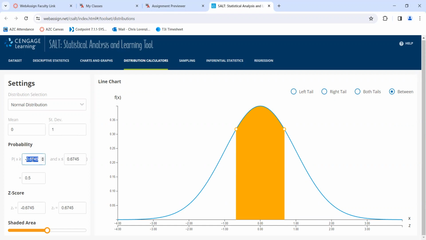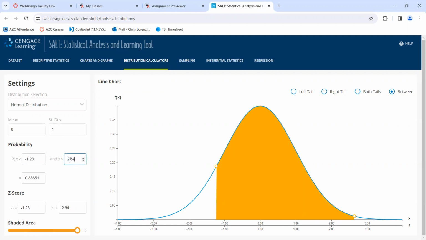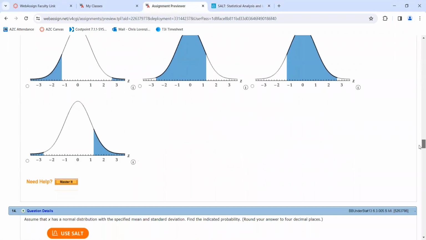So we can say, okay, I want to find specific regions here, negative 1.23, and then I want to find this value here to be 2.64, and that's going to give me the probability that we're trying to find right there. It'll also convert it to z-scores, which this is already a z-score, so that's not a big deal. So that's how we can go about using the SALT tool to help us out on a problem that looks like that.